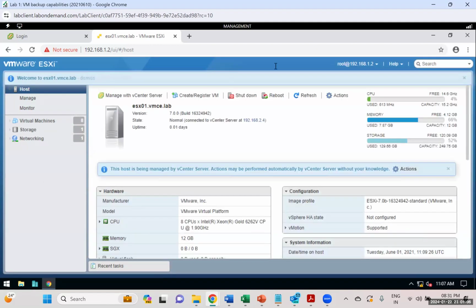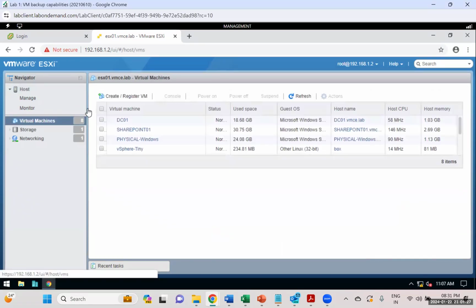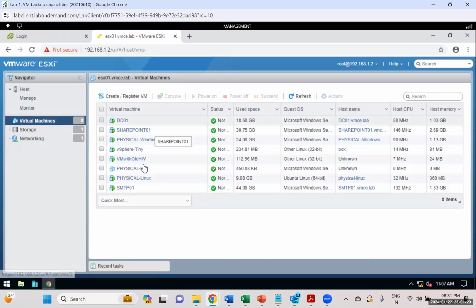Okay. This is your ESXi server. When you log in, this is how it looks. You have to log in from the browser. This is your physical machine that you logged into. Just like when you log into your Windows machine, you get to see Windows, when you log into your hypervisor, this is how it looks for you. Then from here, we can start creating our virtual machines. These are already created.